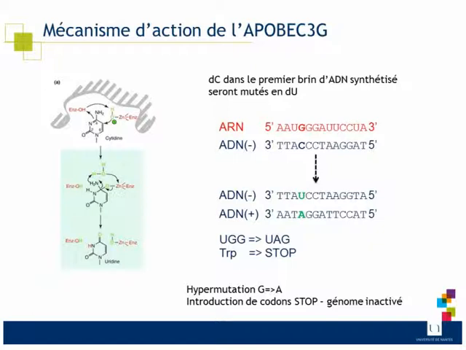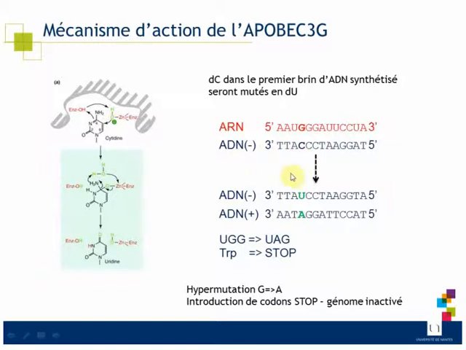While this is happening, APOBEC is already inside the particle. So as soon as the virus starts copying its genome into DNA, APOBEC starts mutating it. So what it's going to do is it's going to get hold of these cytidines in the first strand of cDNA that's synthesized by the reverse transcriptase, and it's going to cleave off an amine group.